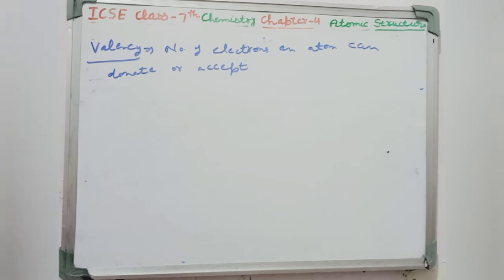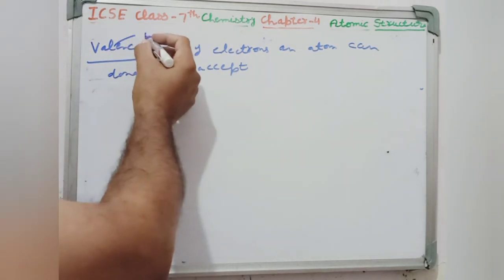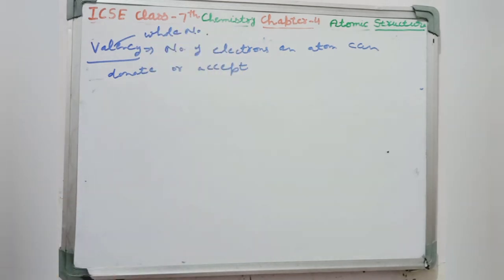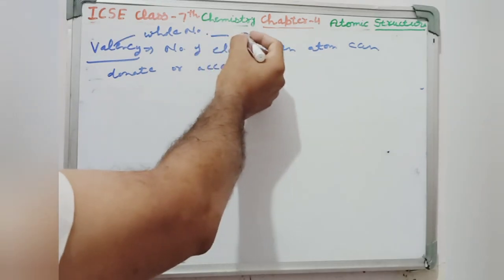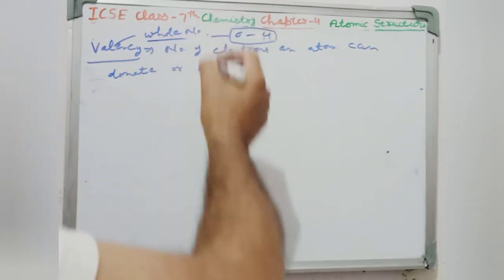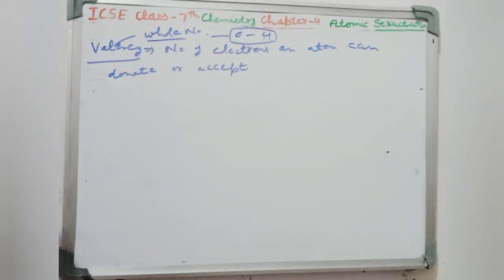Valency is how many electrons any element can lose, donate or accept. This valency is always a whole number, and generally it ranges from 0 to 4.